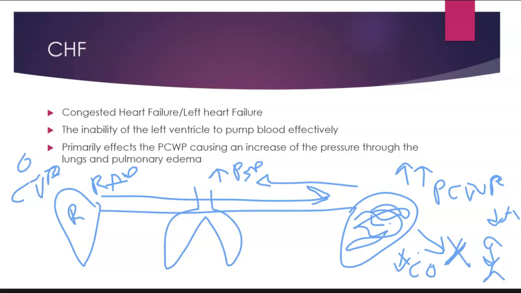It affects your CVP, RAP primarily. Congestive heart failure is left-sided heart failure or the inability of that left ventricle to pump, and it primarily affects your PCWP. I will torture you a lot more next year, spring and fall semester, putting the rest of these pieces together. But right now, this is just your introduction.